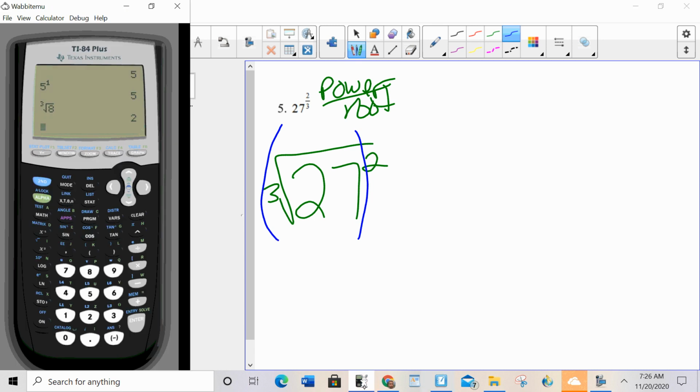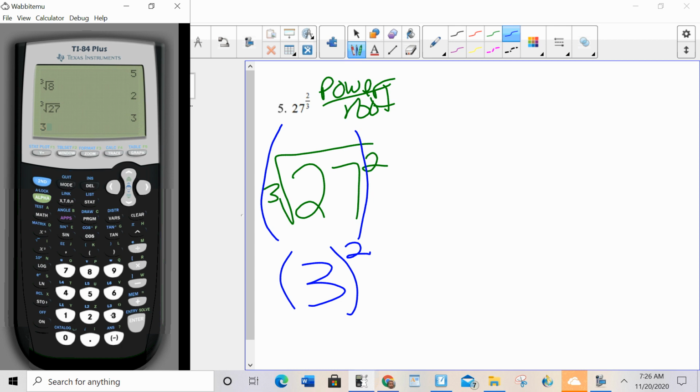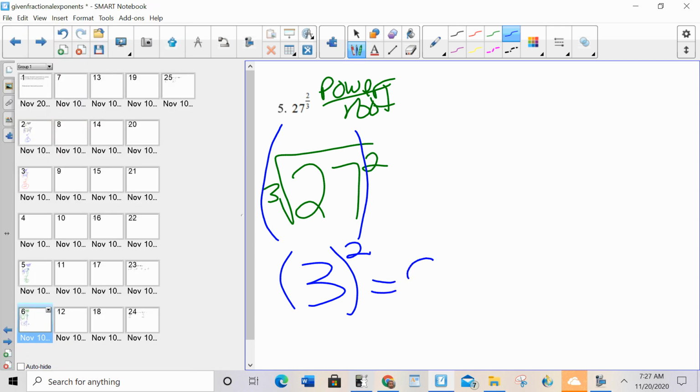And again, if you don't know that, we can go to our calculator, type in math 4. Cube root of 27 is 3. 3 to the second power. Again, you can use the calculator for that too if you need to, but ideally this whole thing you're able to do without the calculator. 3 squared is 9, so your answer is 9.